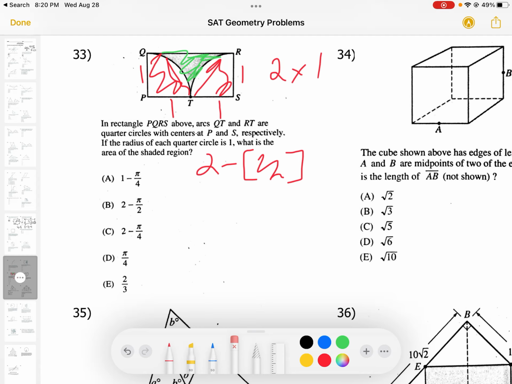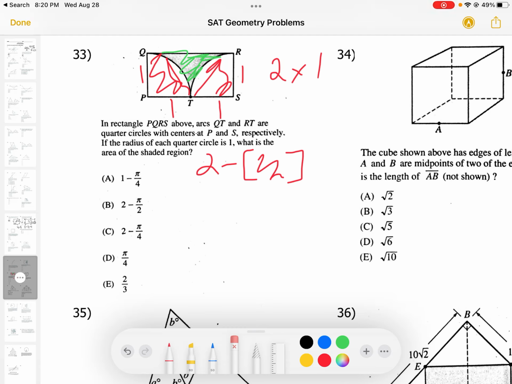Now, like the problem said, the red area is just 2 quarter circles with radius of length 1. Now, if you put 2 quarter circles together, they make a semicircle. So the total red area is just the semicircle with radius 1.